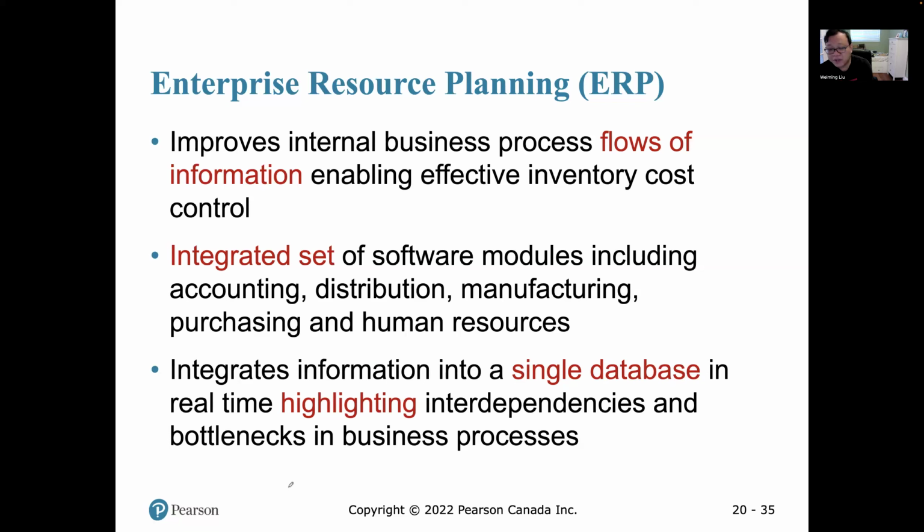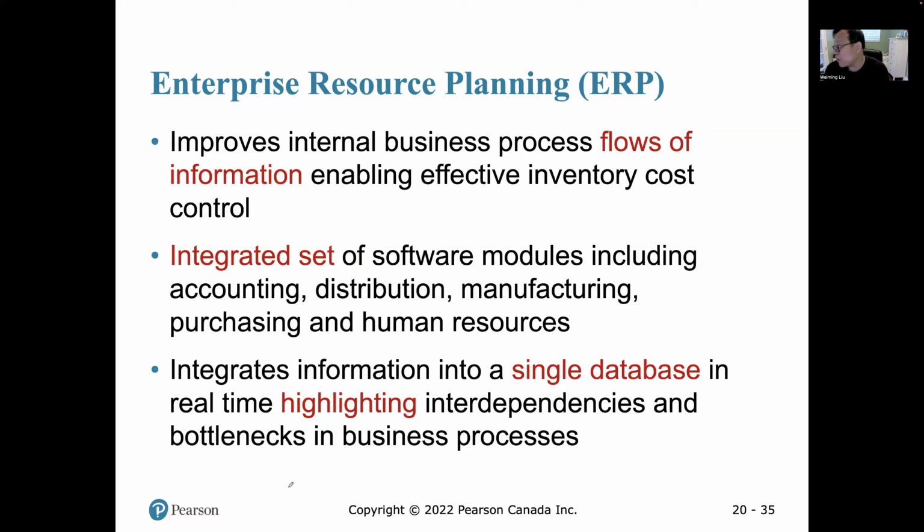They integrate the information into a single database. Instead of different databases that do not talk to each other, they put them together in real time, okay? That would highlight the interdependence of bottlenecks in the business process, right? Is the manufacturing lead time too long?